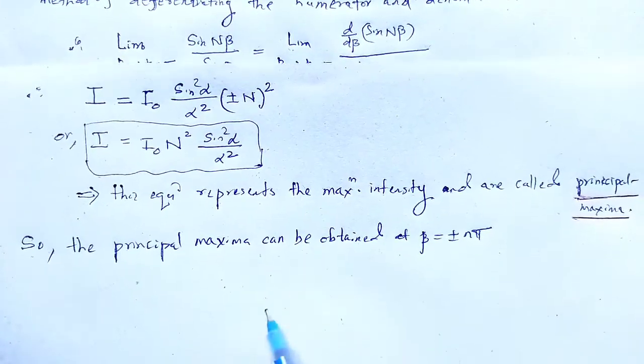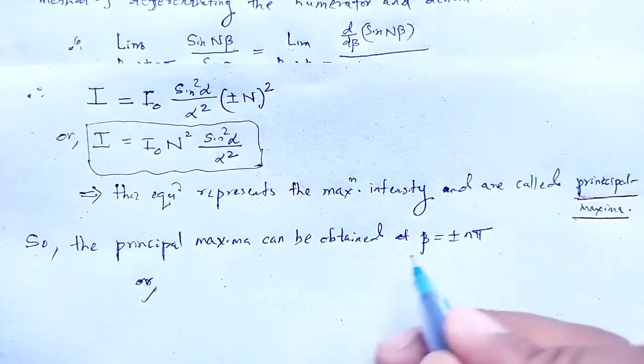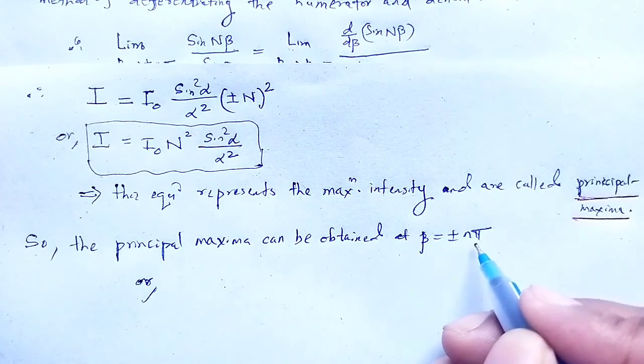So, the condition for principal maxima is beta is equal to plus minus n pi.